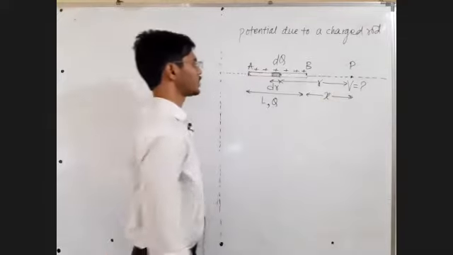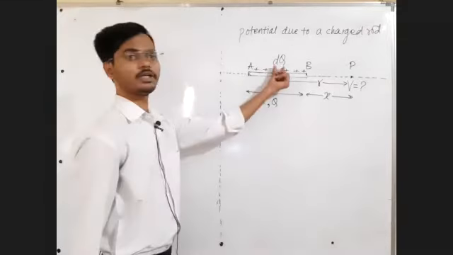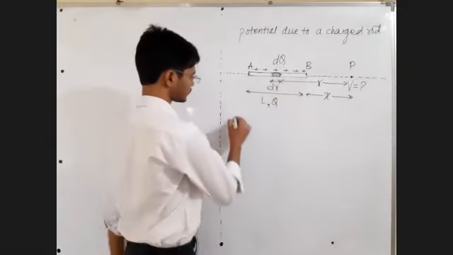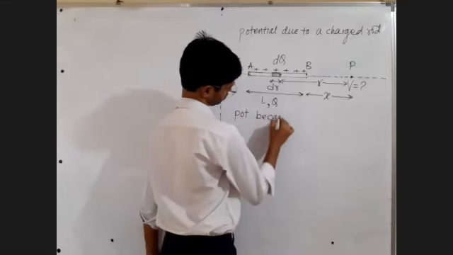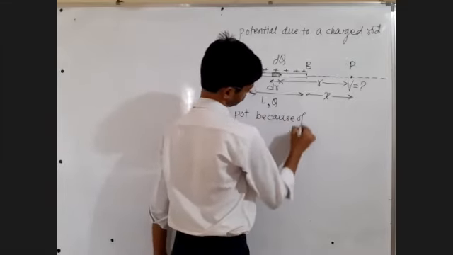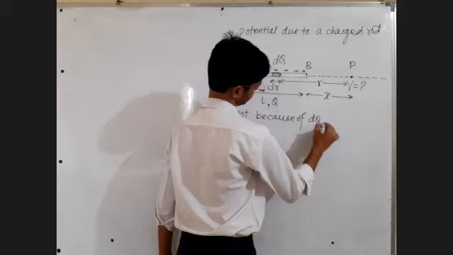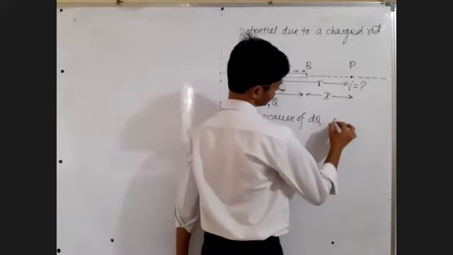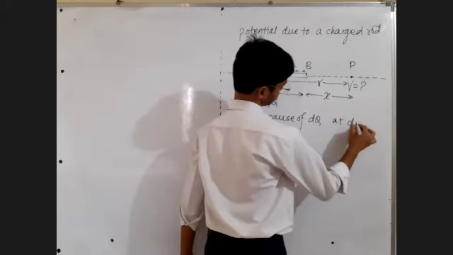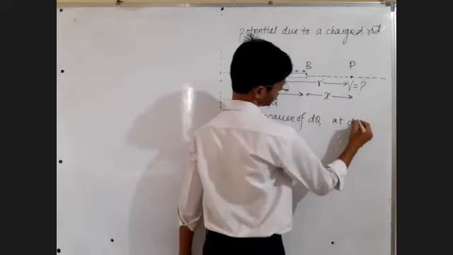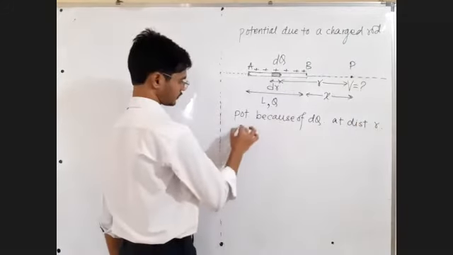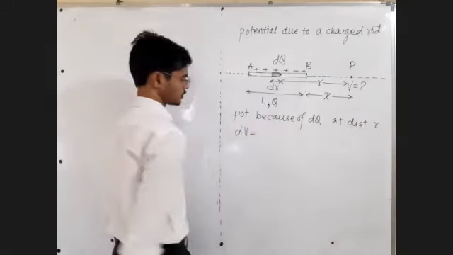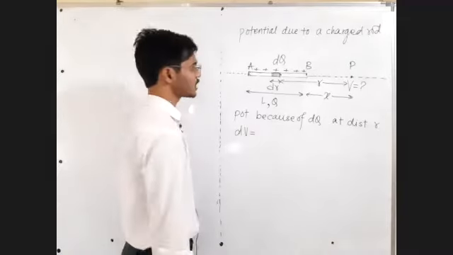So let us find potential because of dq at distance equal to r. Potential because of dq at given point P, or at distance r, that will be small potential dv. Sir, formula is kq upon r.